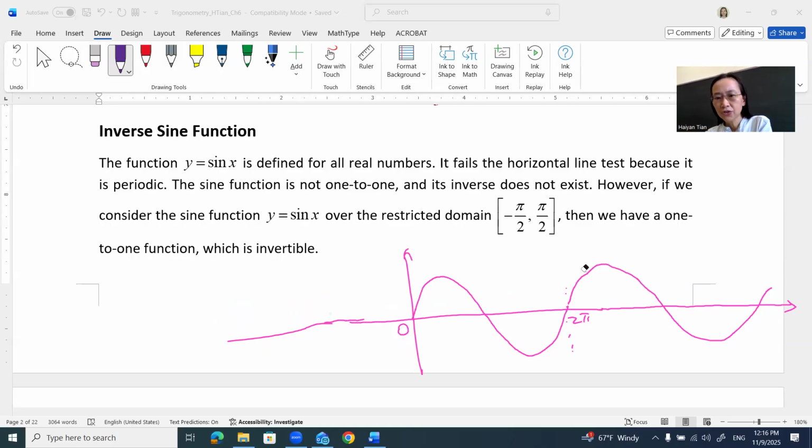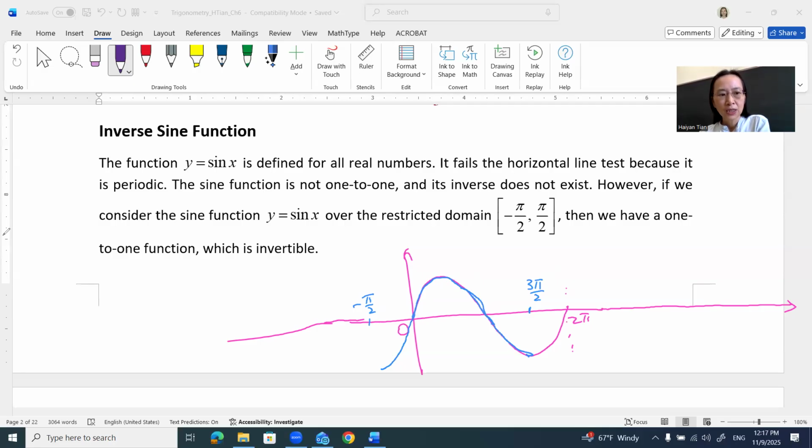If we remove some part, we can still think of one period, for example from negative half of pi to 3 pi over 2. This is still a 2 pi interval, still one period.